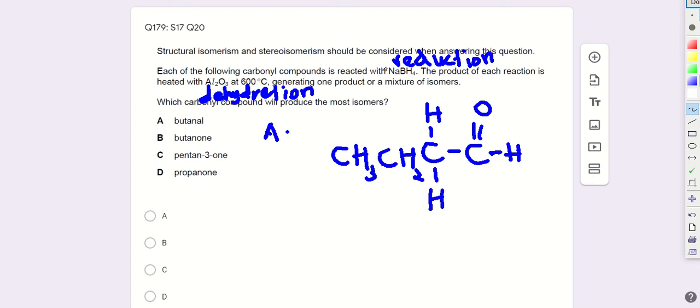Now, first reacted with sodium borohydride, reduction. So this aldehyde functional group will be reduced to a primary alcohol. Now erase this. It became a primary alcohol.